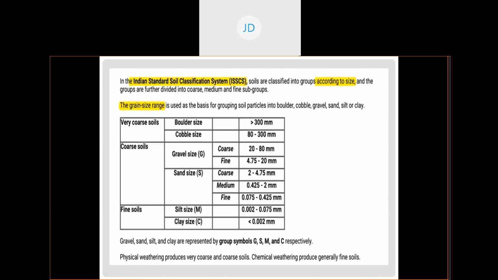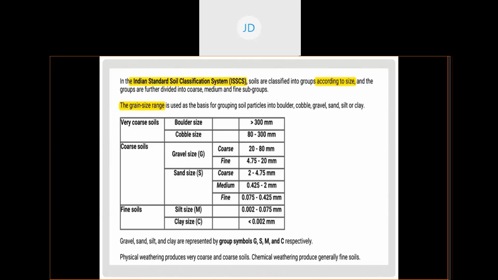Soil classification is done by different methods, like textural classification, Highway Research Board soil classification, and unified soil classification. Unified soil classification is very important for you to understand, and in coming classes we are also going to discuss it. Till now we are going through a very simple soil classification, that is the Indian Standard soil classification system.